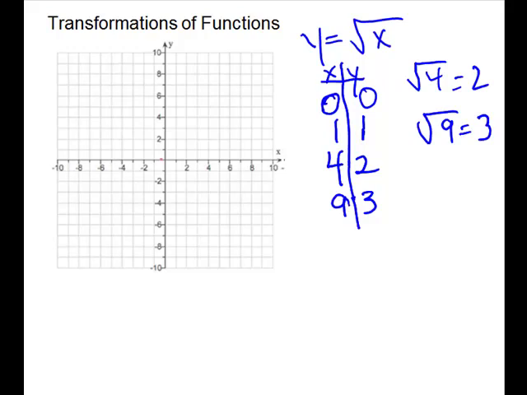So 0, 0, and we remember how it's supposed to look. So 1, 1, 4, 2, and 9, 3. So it climbs, but not very fast. And that is your square root graph.